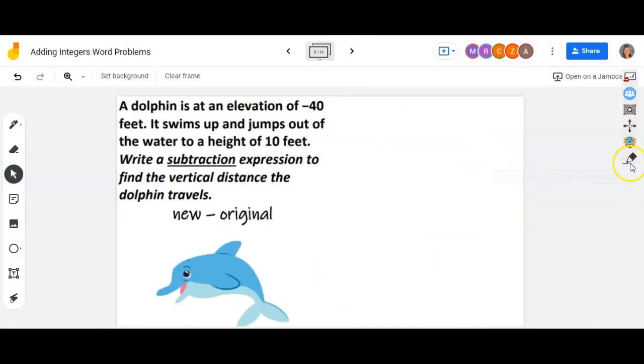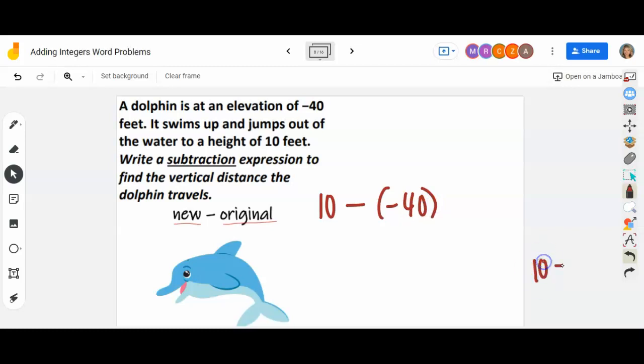All right, the next one. A dolphin is at an elevation of negative 40. It swims up and jumps out of the water to 10 feet. Write a subtraction problem. So we're going to take the new elevation, 10, subtract the original elevation. Now, don't be confused that because we're subtracting that we're just going to do 10 minus 40. There's a difference in 10 minus negative 40 and 10 minus 40.